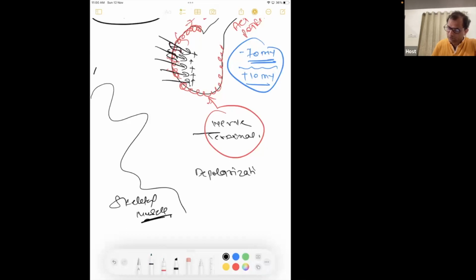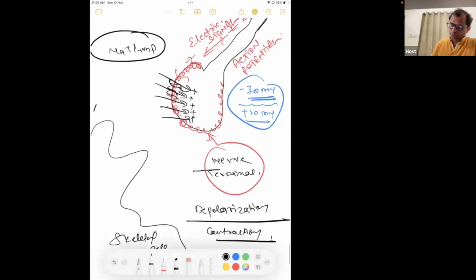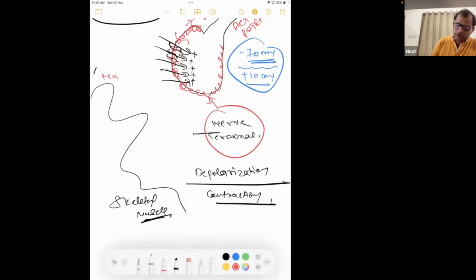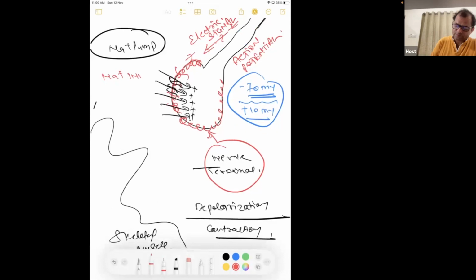Depolarization means changing the polarity, and the meaning of depolarization here is contraction, right? So this thing will happen at the nerve ending because of the sodium going in. When the sodium goes in, this is called sodium influx.